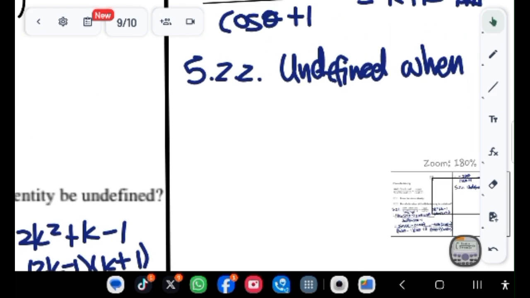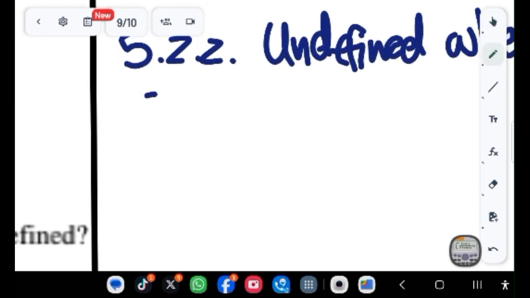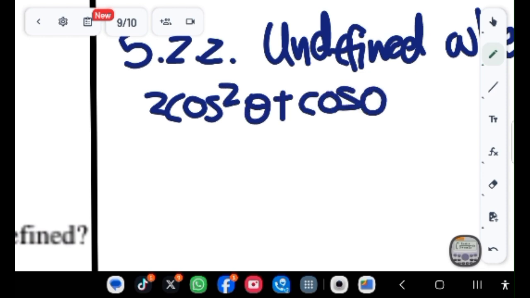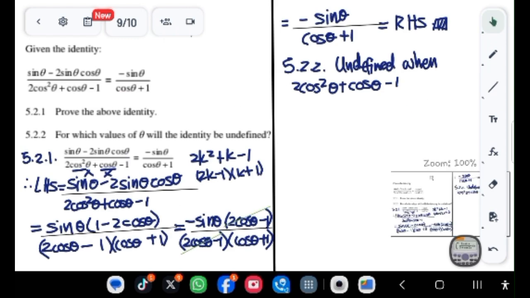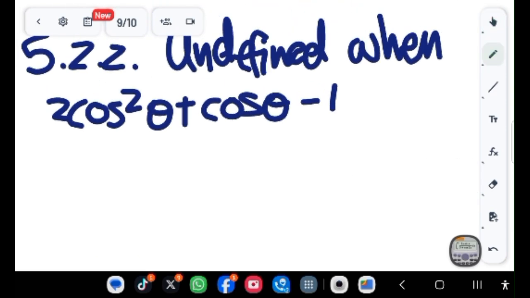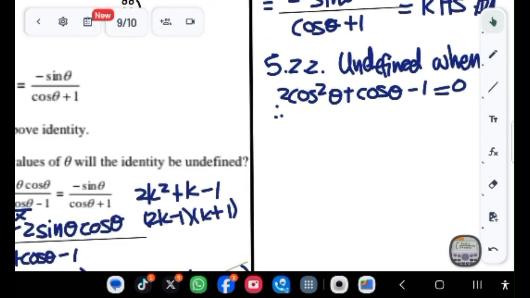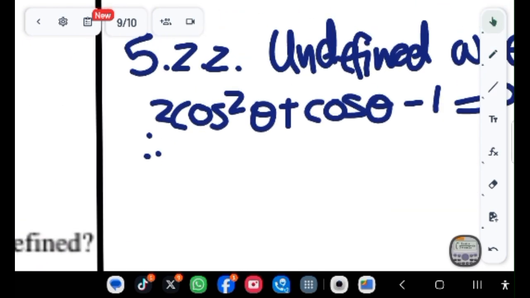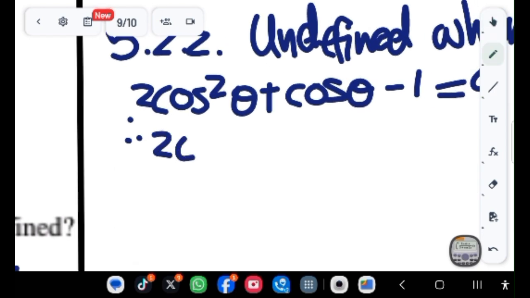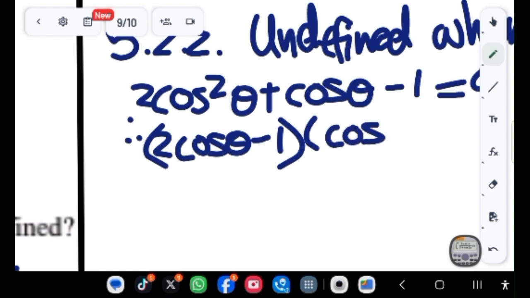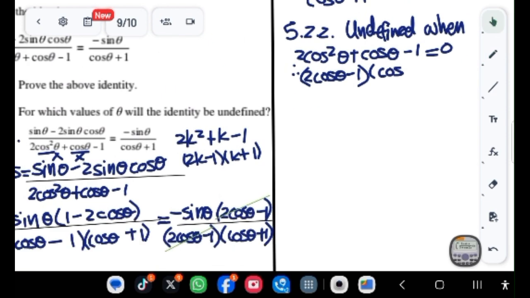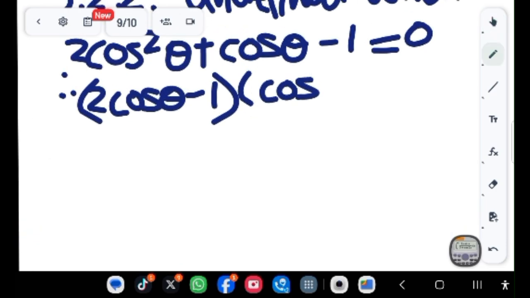That is when 2 cos squared theta plus cos of theta minus 1 is equal to 0, meaning when the factors 2 cos theta minus 1 and cos of theta plus 1 are 0.